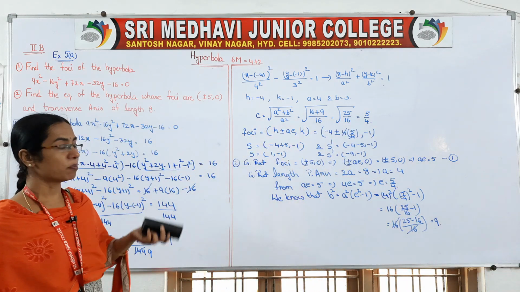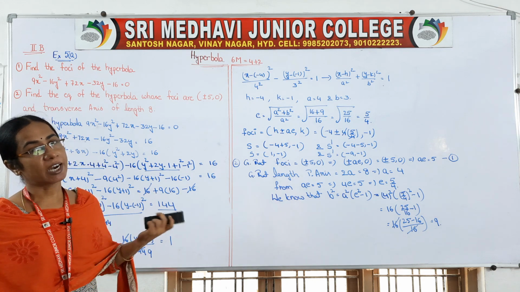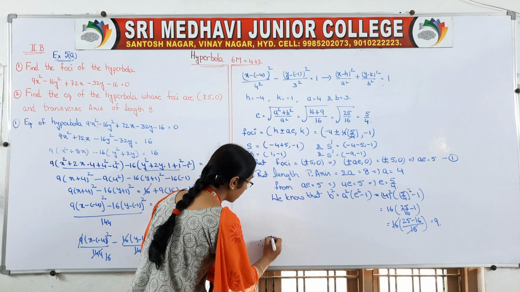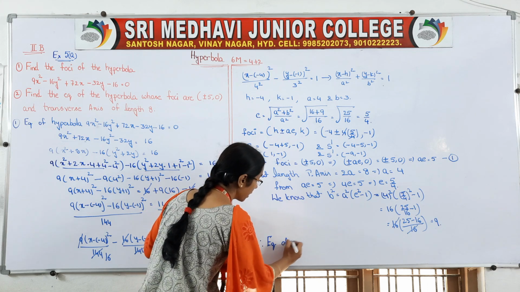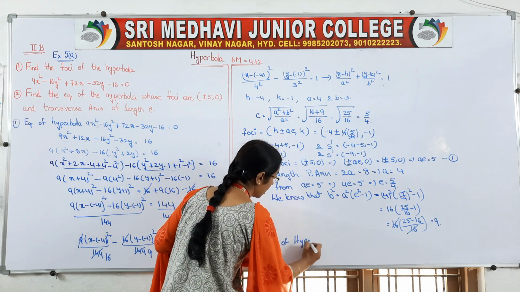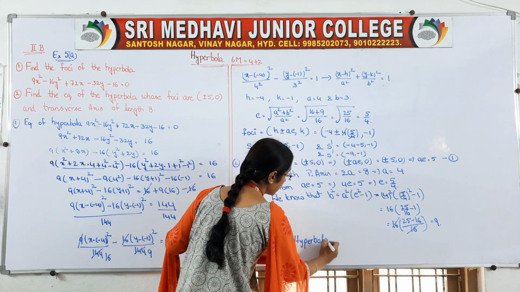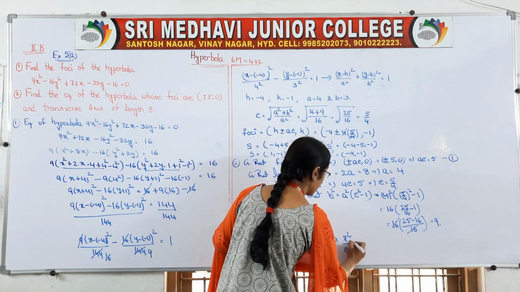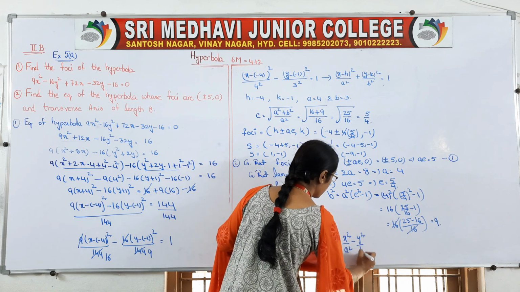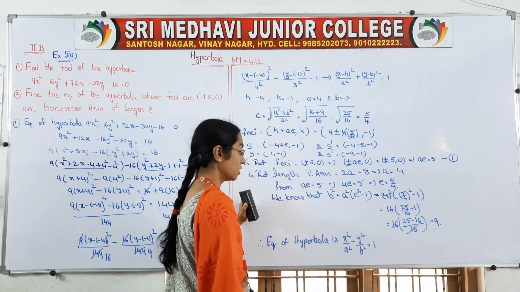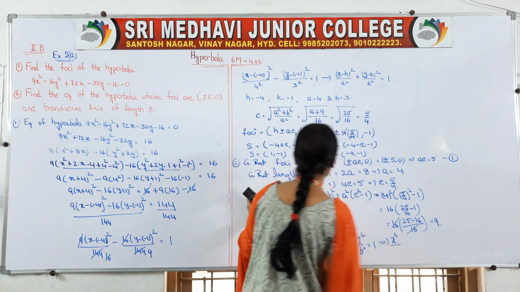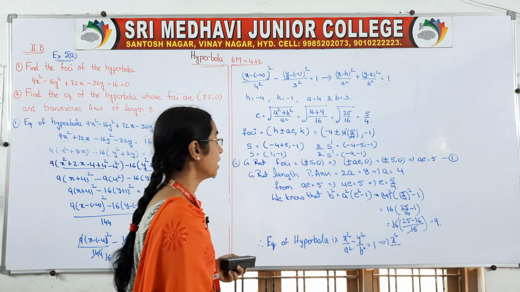Once we got a and b value, we can write our standard hyperbola equation. So therefore the equation of the hyperbola is x square by a square minus y square by b square is equal to 1. So x square by a square, what is your a value?